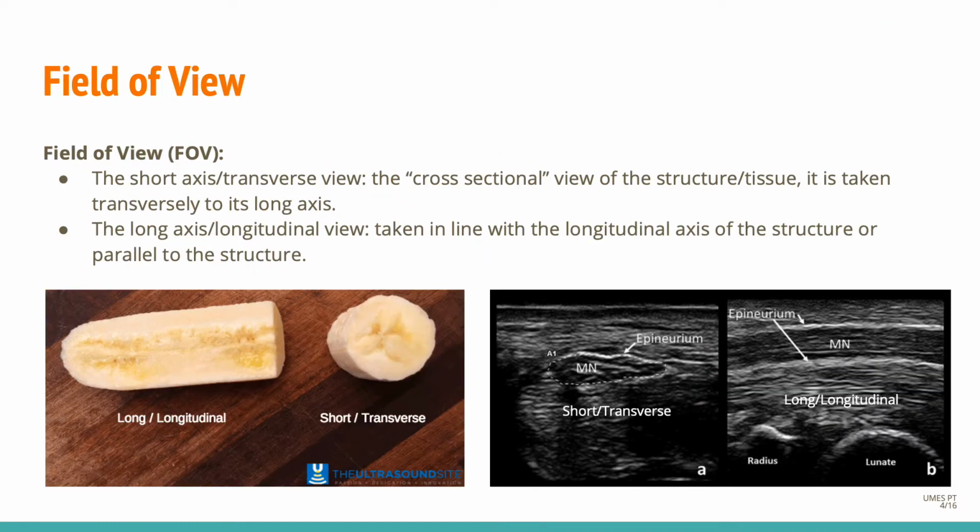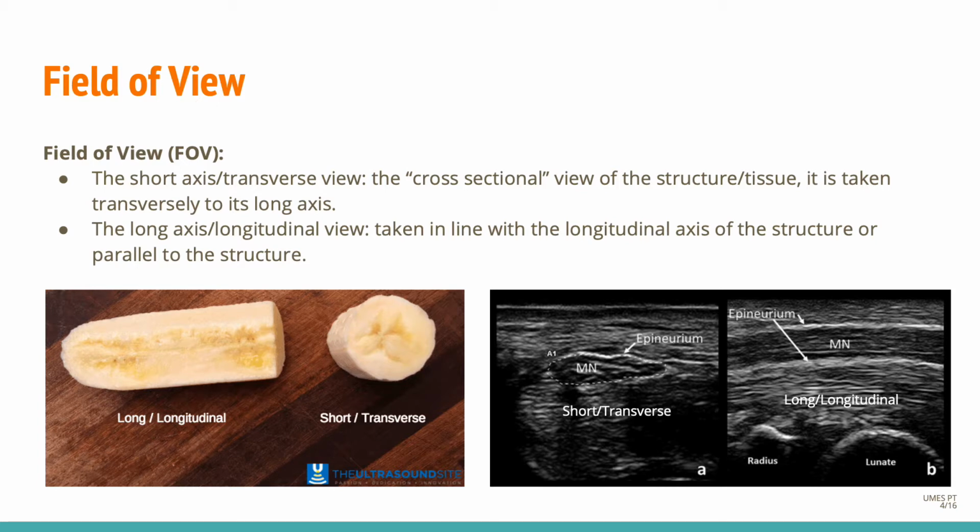So this is field of view. Field of view, you can either have the short axis or transverse view, or the long axis or longitudinal view. So if you look at these bananas, that's the best way to kind of explain them and picture them in your head.